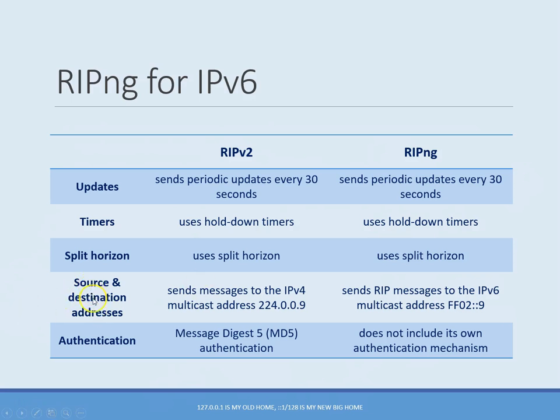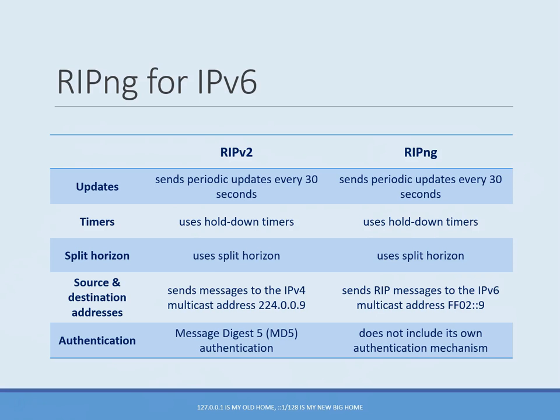In terms of source and destination address, RIPv2 sends messages to the IPv4 multicast address, which is 224.0.0.9, and this message uses the source IP address of the exit interface.